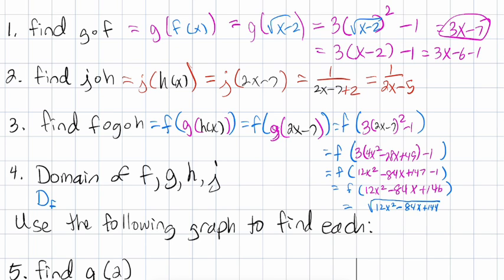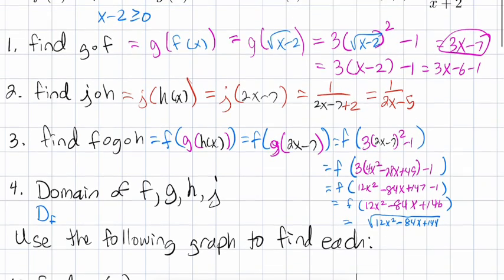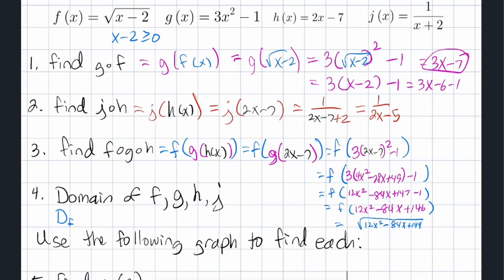Remember, for a square root function, the inside has to be greater than or equal to 0. So we're really just thinking, where does that f function have an inside that's greater than or equal to 0, because it's a square root function.